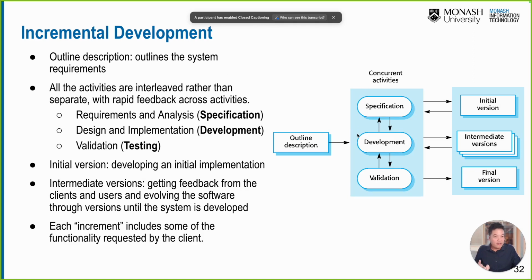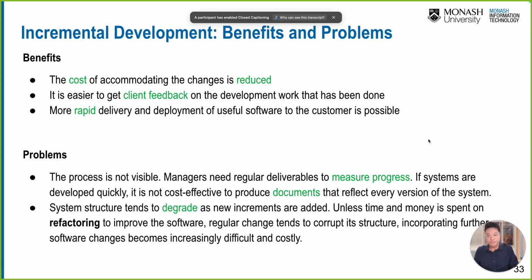For the first increment, after we finish the specification, development and validation, we can release the initial version to the customer. We can rapidly deliver and deploy software that is more useful to the customer. It increases the success rate and mitigates the risk as well.